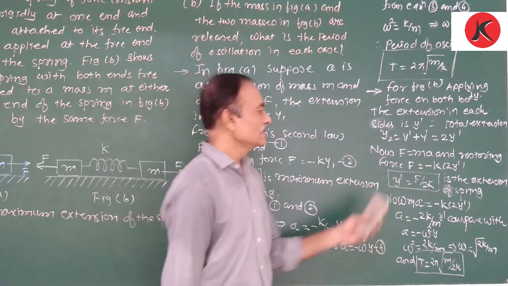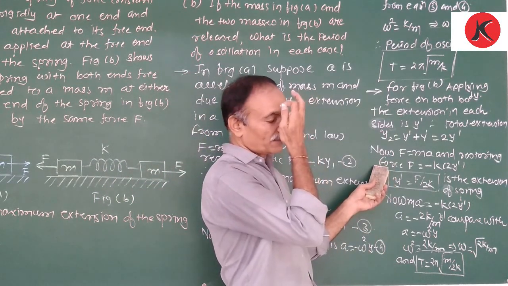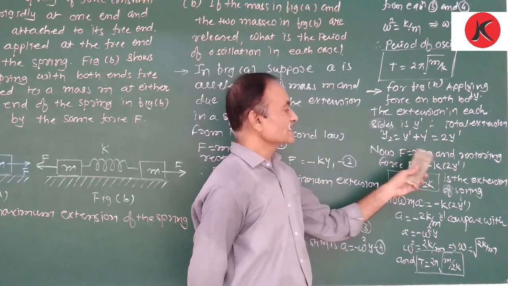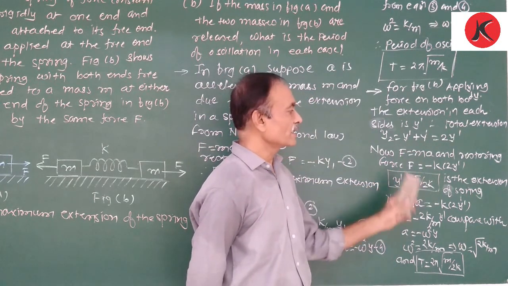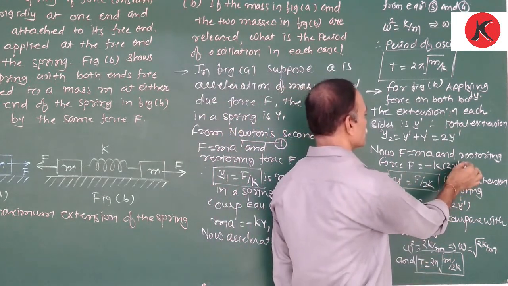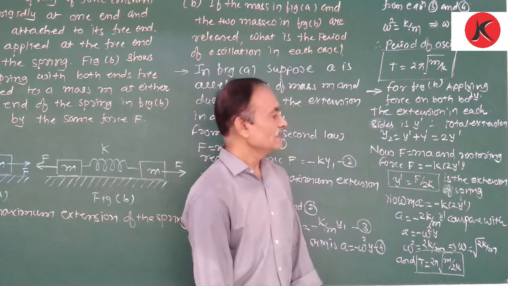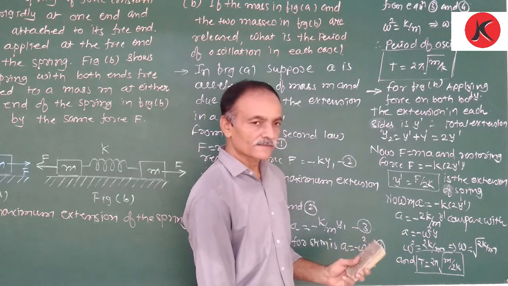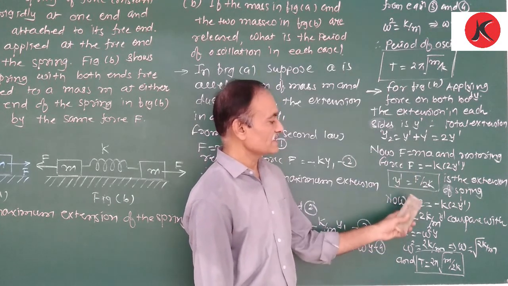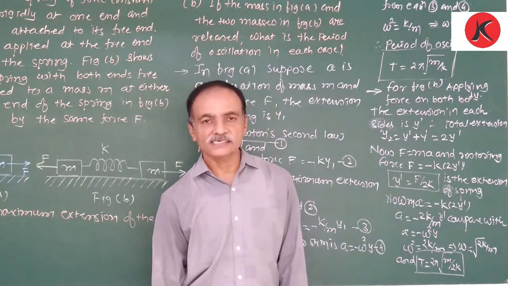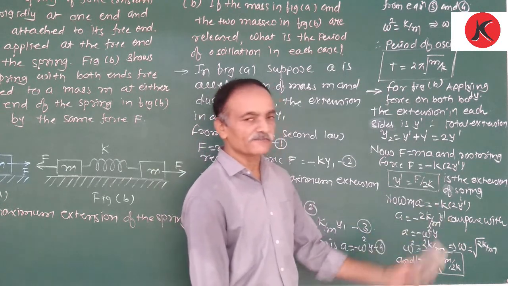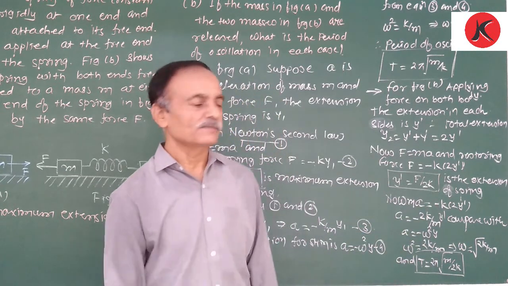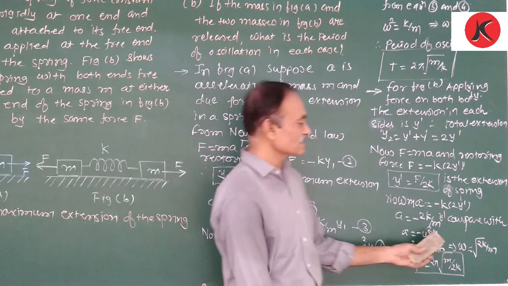Right? So here, we first have to write down Newton's second law and whatever restoring force is produced in both cases. After that, we can find out the extension in the spring. Now comparing these two equations, we calculate the acceleration and compare it with the acceleration for simple harmonic motion, minus omega square y.